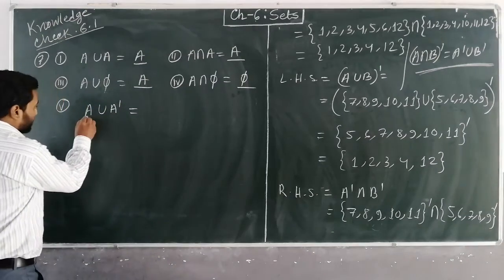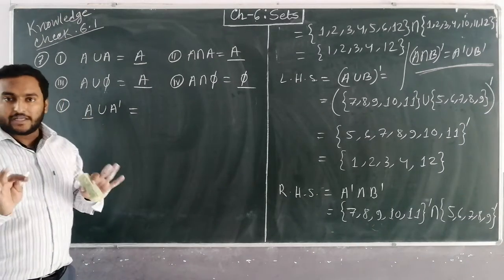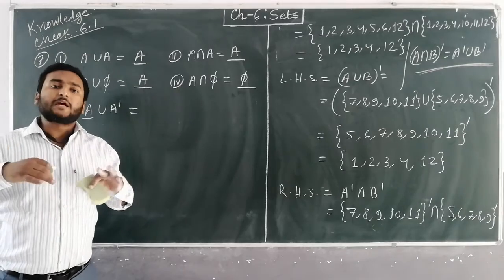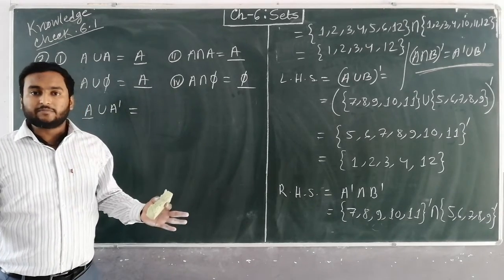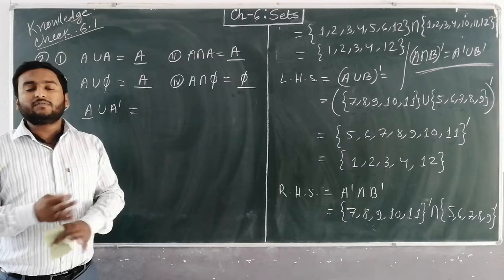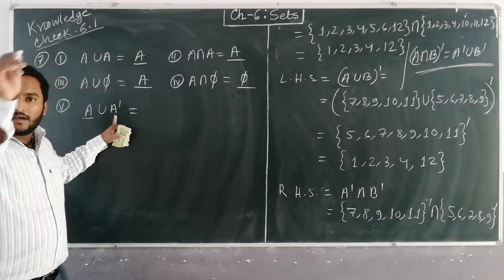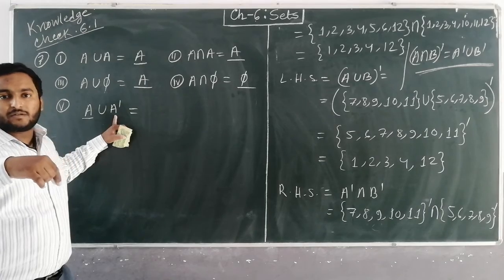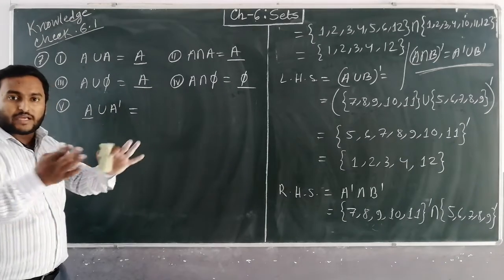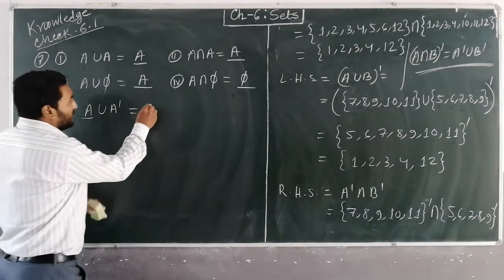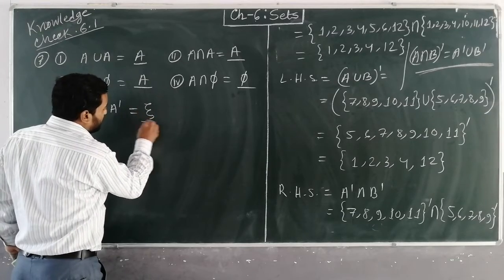Clear? Because A is there already, and except A all the elements means the whole universal set is coming. A plus the rest of the elements except A. So if you take the union, the universal set will come.